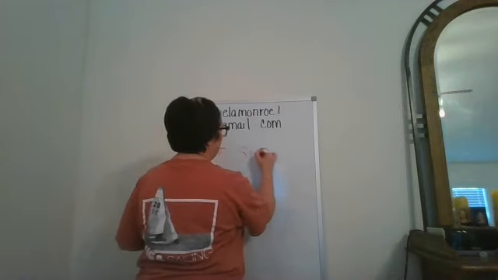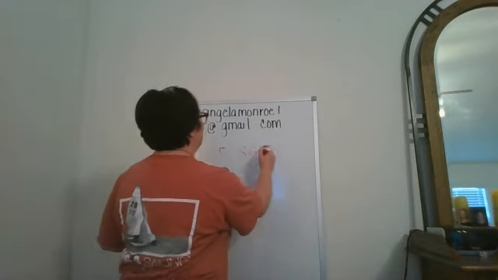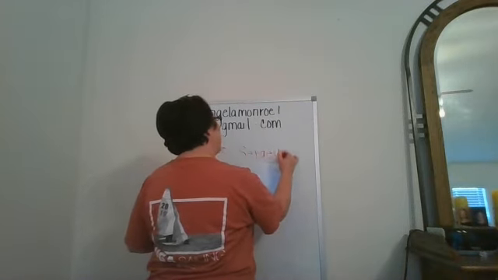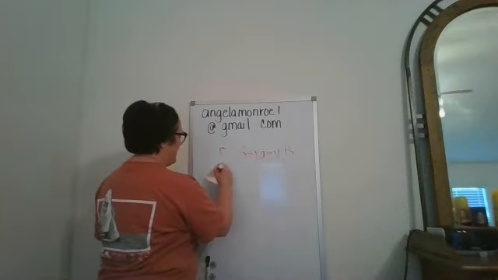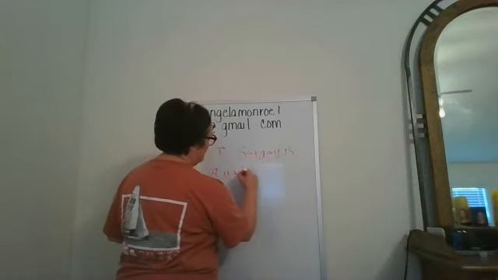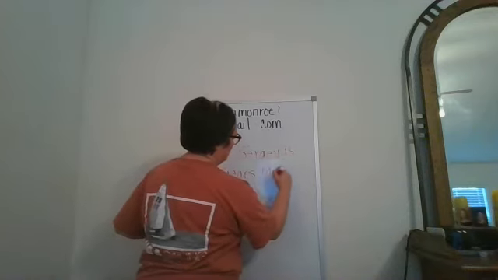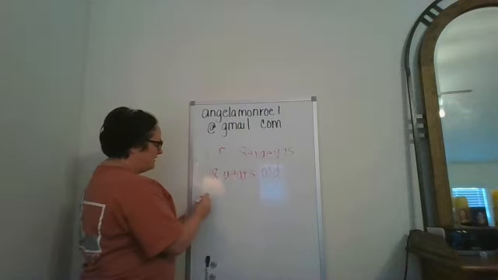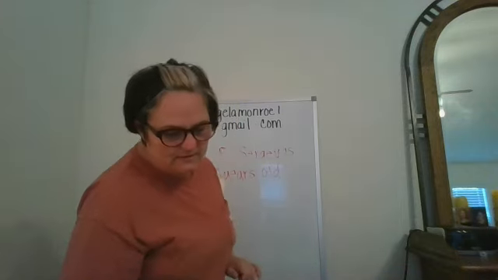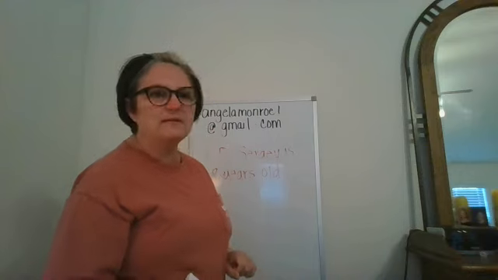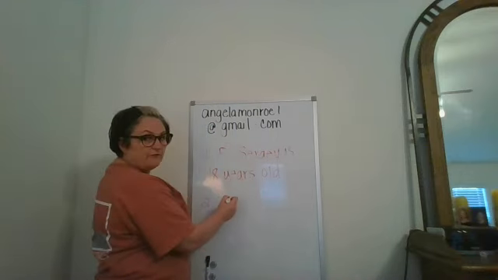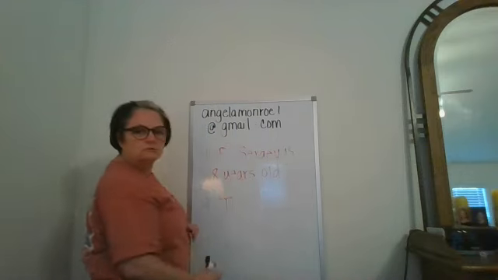And then Sergey, how do you spell his name? S-E-R-G-E-Y. Okay. Sergey is 18 years old, right? And then number 2 says Sergey started college in September. True or false? That was true.